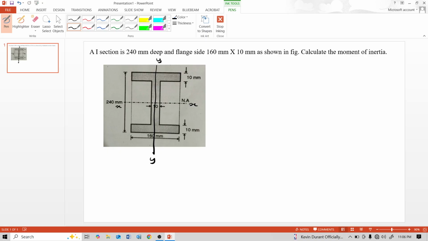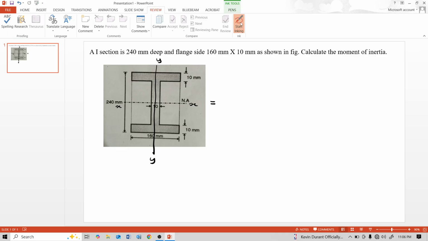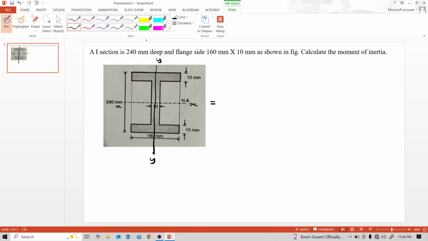So for solving the moment of inertia about the X axis, first consider this full rectangle, and then after consideration of this full rectangle, deduct this part.